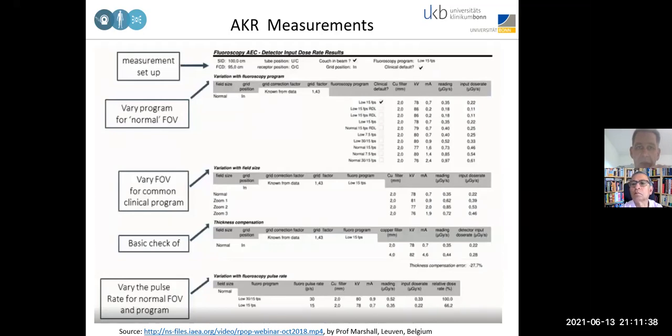That's maybe answering already one of those questions, the input dose rate you see on the right hand side. Then you vary the field size, the field of view, from normal to four of those, and then you have the thickness compensation and the variation of fluoroscopy pulses, so 15 or 30 frames per second.